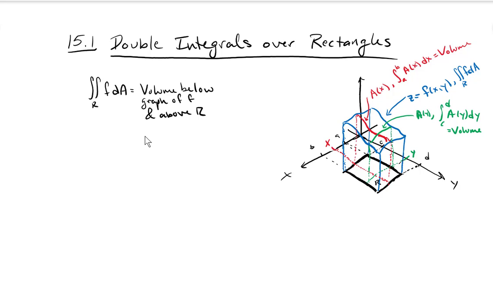So yeah, let's look. This double integral is really the volume below this graph above that rectangle R. And if I've got it labeled out like this, we can consider what would happen at any given x value here. Could we figure out a function that gives us, in terms of x, what is this cross-sectional area of this volume?